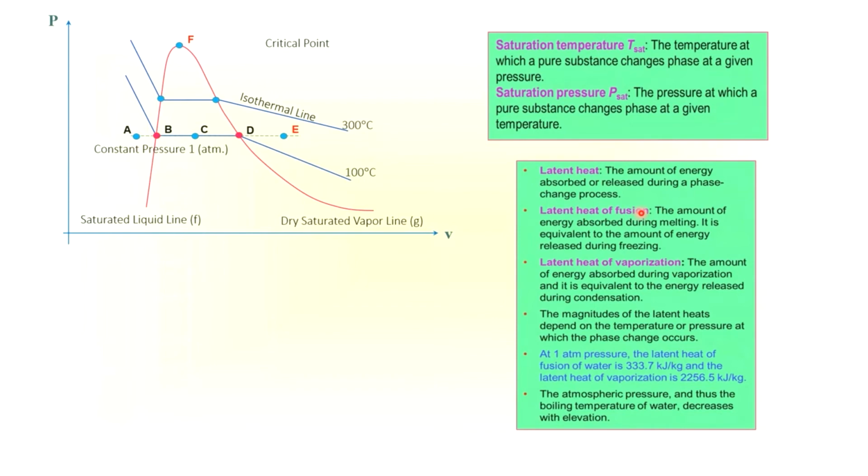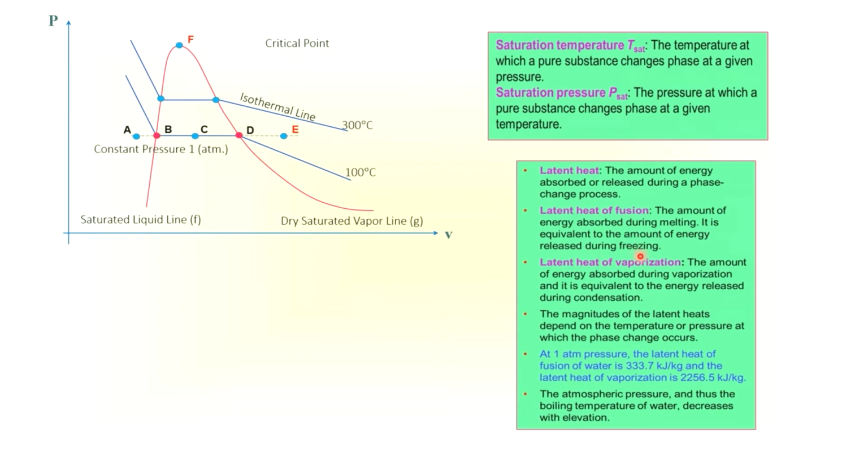Then latent heat of fusion is the amount of energy absorbed during melting. That means ice changing to water. The heat that is supplied is called the latent heat of fusion. It is equivalent to the amount of energy released during freezing.